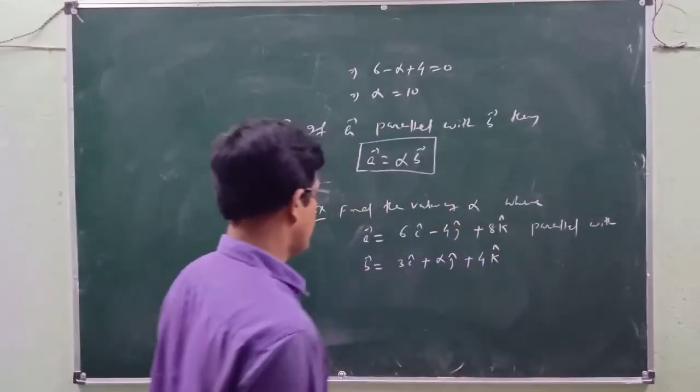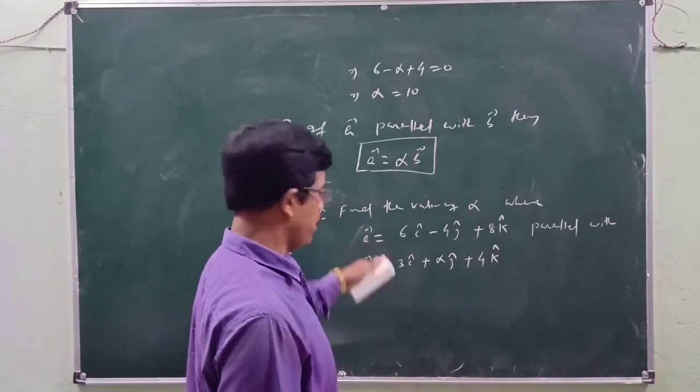You find what is the alpha when A and B are parallel.